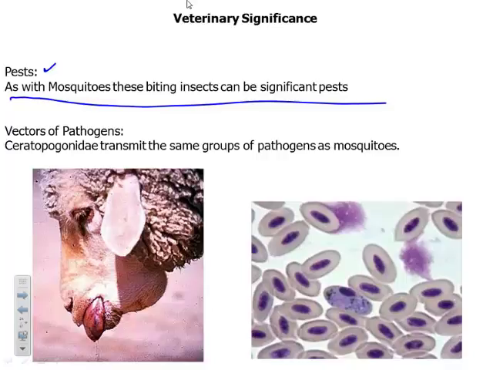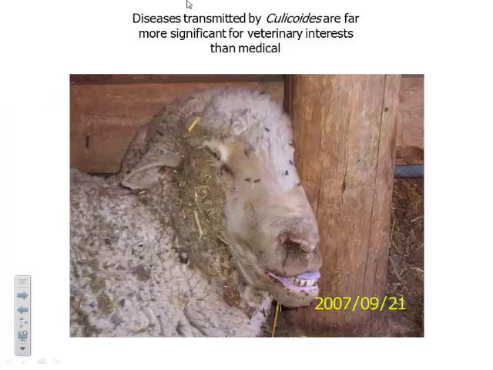they also transmit pathogens. For humans, there's a really small list, with the exception of some locations in South America and a few other places in the world. We really exclude them in the list of major vectors for medical importance. Veterinary importance, though, they're very important because they transmit a number of veterinary diseases.